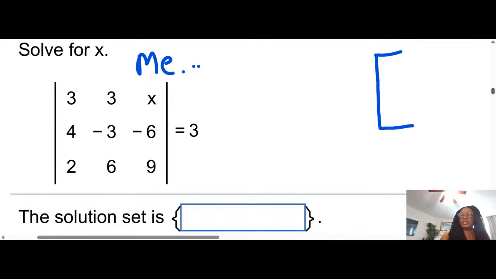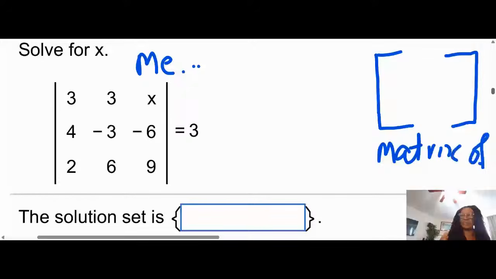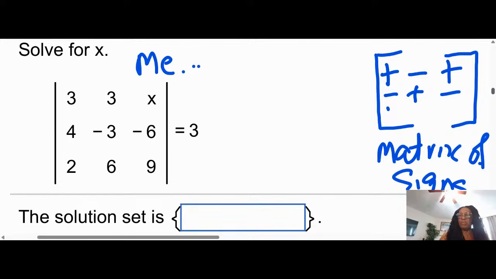Create a 3 by 3 matrix of signs. I'm going to write matrix of signs here. And what do I mean? Signs means the first one is plus, the second one is negative, the third one is plus. The second row: negative, positive, negative. And the third row: positive, negative, positive.